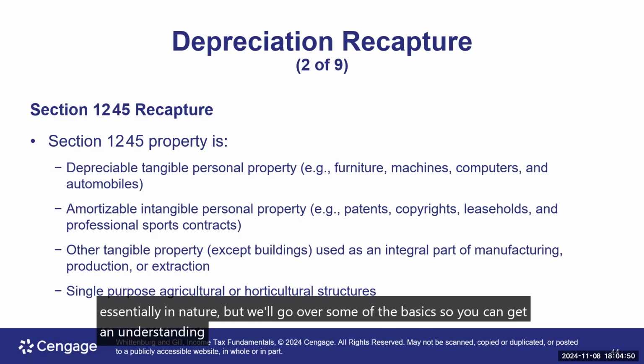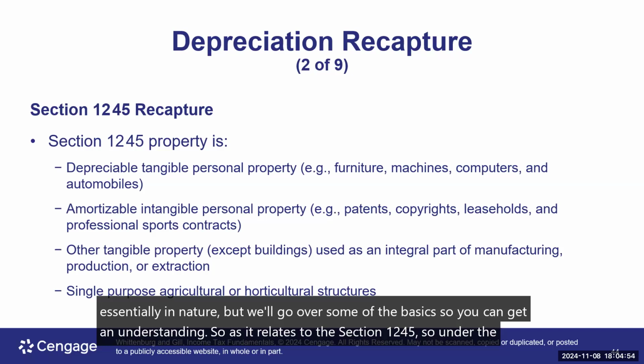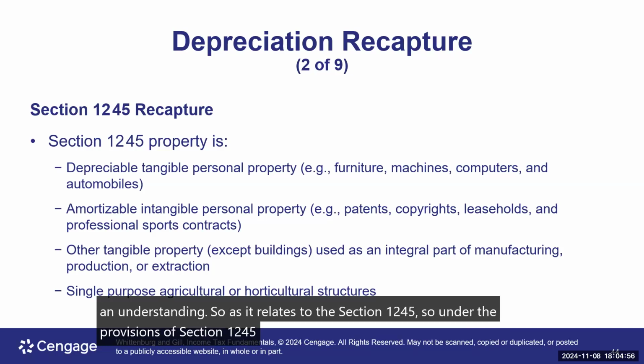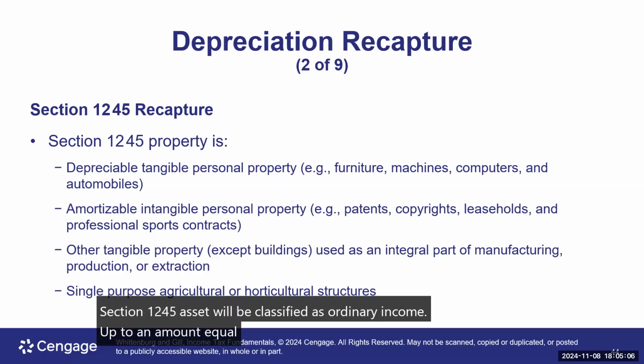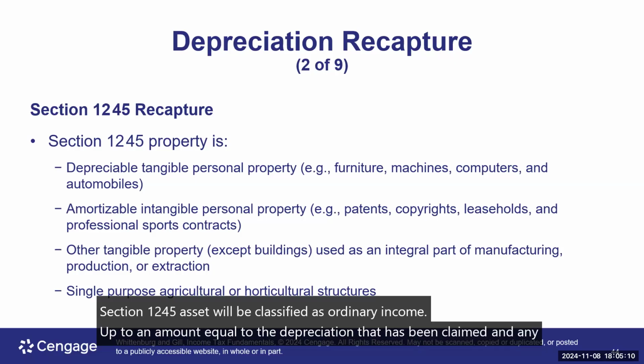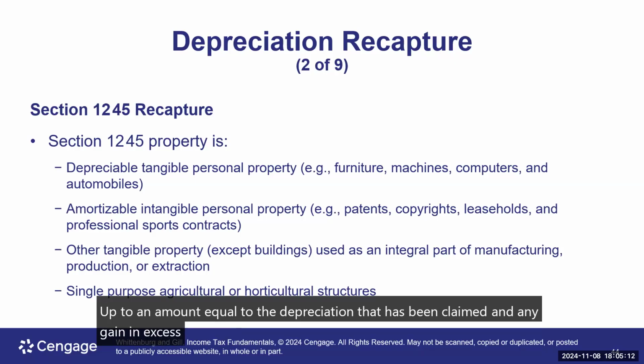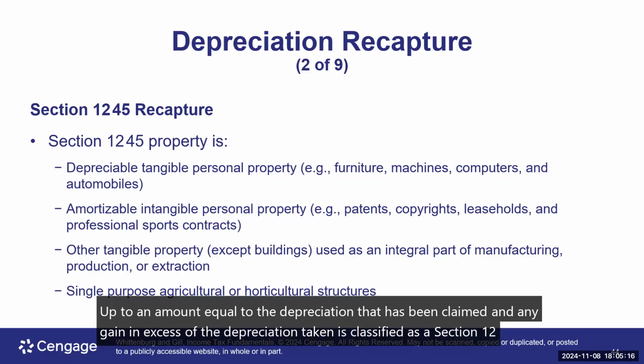As it relates to section 1245, under the provisions of section 1245, any gain recognized on the disposition of a section 1245 asset will be classified as ordinary income up to an amount equal to the depreciation that has been claimed. And any gain in excess of the depreciation taken is classified as a section 1231 gain.